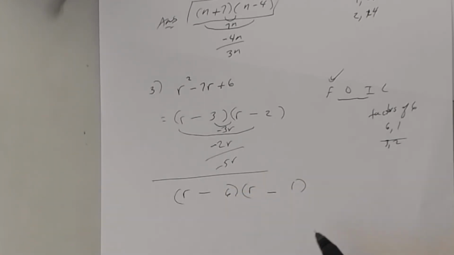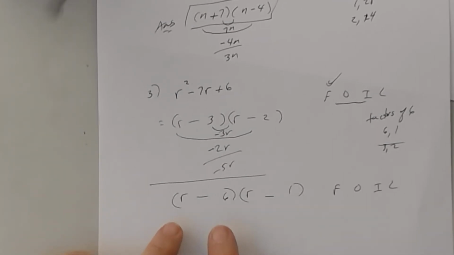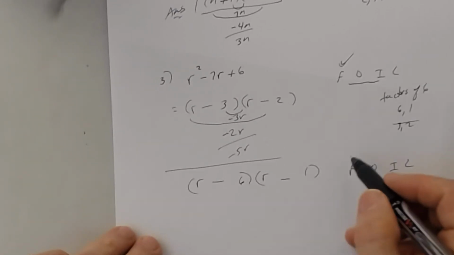Now let's check. FOIL. First of all, what are my factors here? r minus 6 is the first one. What's my second factor? r minus 1. I'm multiplying how many factors? 2. All right. And those factors are both binomials. So let's FOIL to check that product. First, what's r times r? r squared.